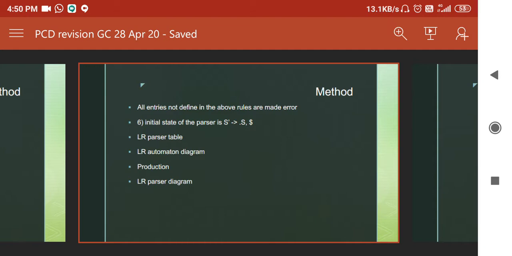And then for construction of the LR parsing table, the SLR parsing table, and the canonical LR parsing table, for all these constructions, the actions, the procedure that we're going to follow, is the same. The only different thing is the table entries that we're going to make. Those things people must keep in mind.